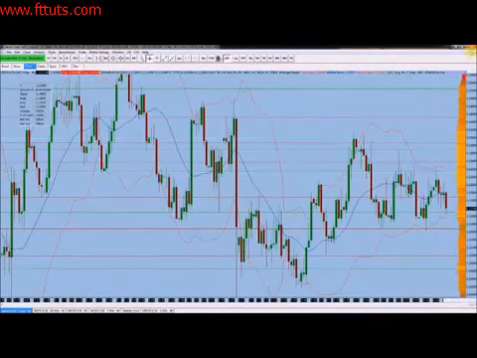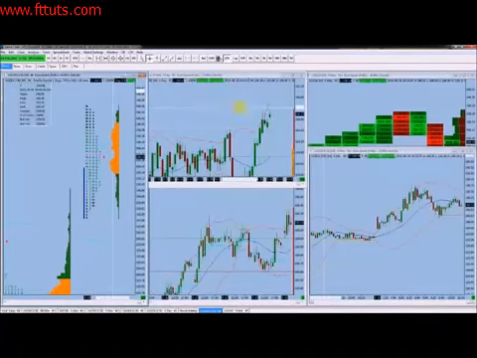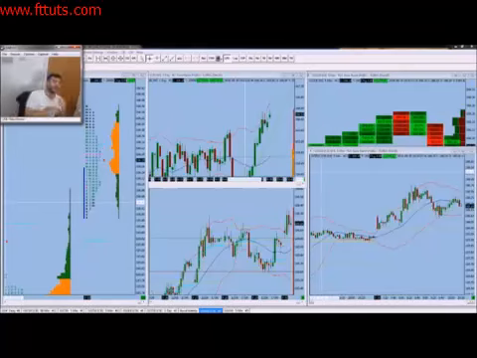So as with everything, it's context dependent. It's also market dependent because different markets have their own characteristics, and not every market behaves the same.